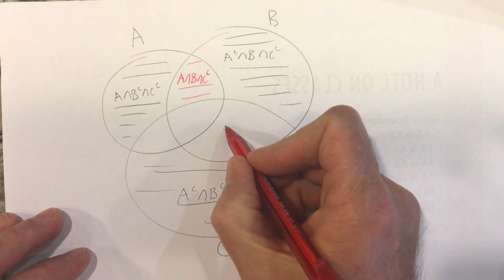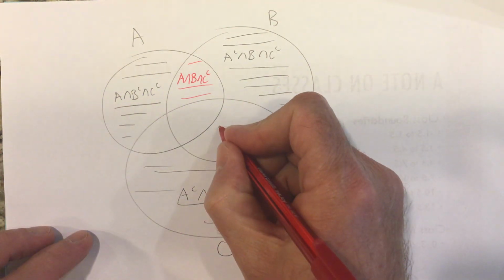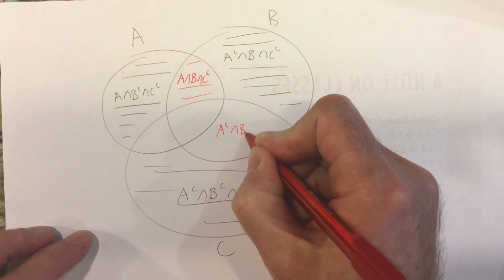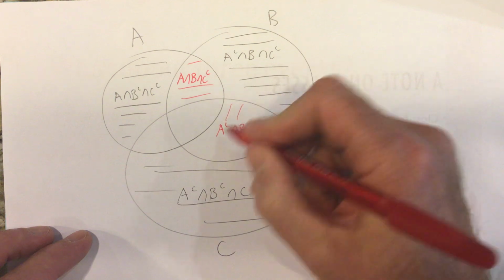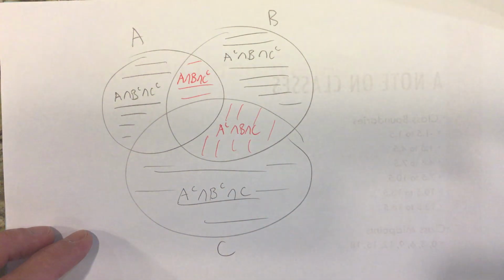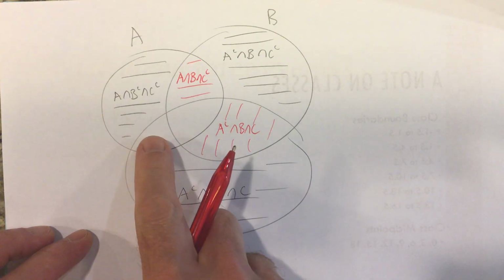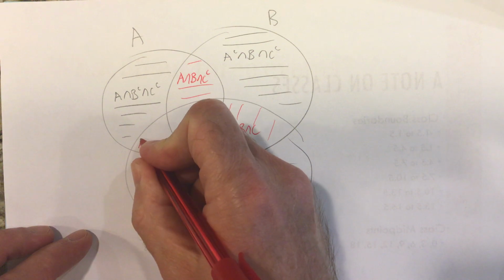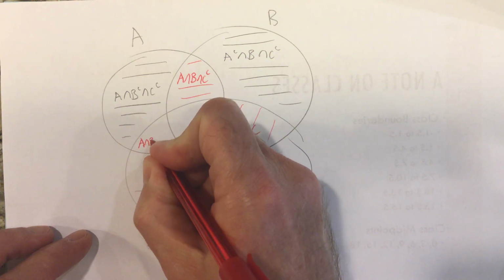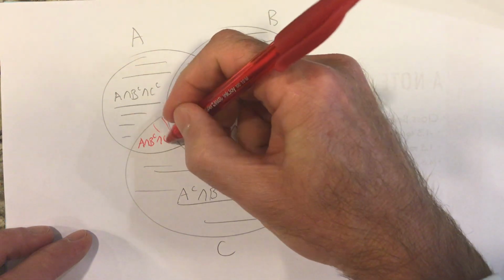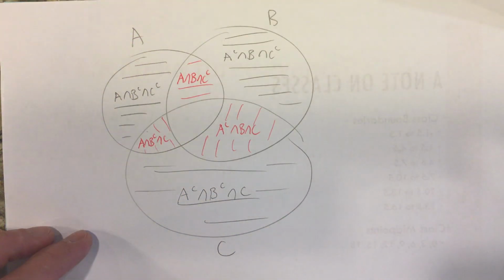Right here, I would be outside of A, but I'm inside of B and C. So B and C happened, A did not happen. Okay. Over here, A and C happened, but B didn't. So this would be A intersect B complement intersect C. Okay.